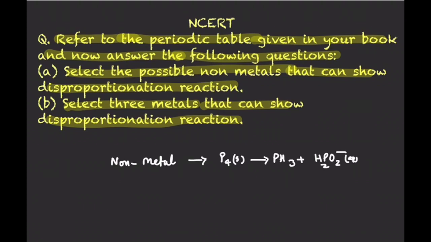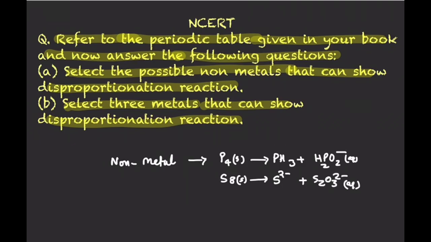So phosphorus is a non-metal which can undergo disproportionation. In the same way, we have discussed that the sulfur molecule, when undergoing a disproportionation reaction, will form sulfide ion and thiosulfate ion, S2O3 2 minus ion in aqueous state.